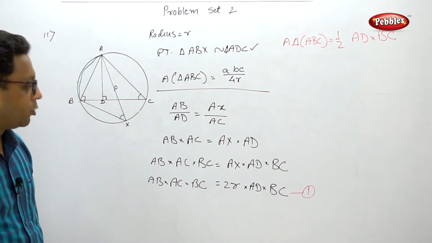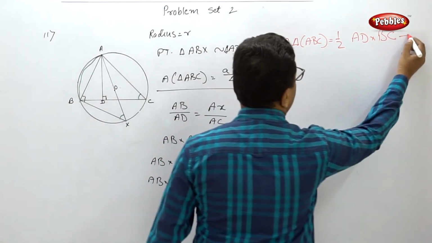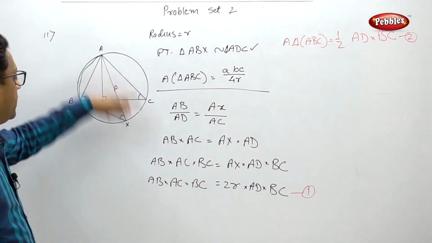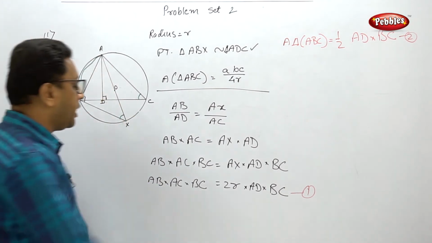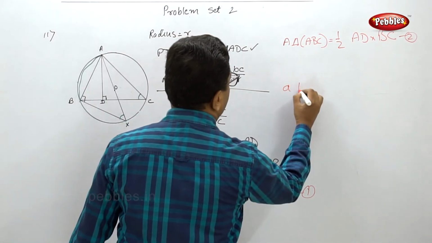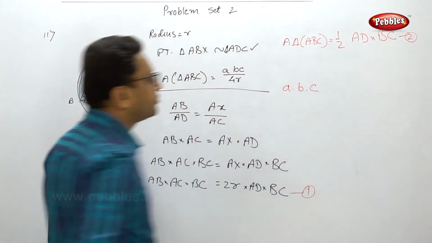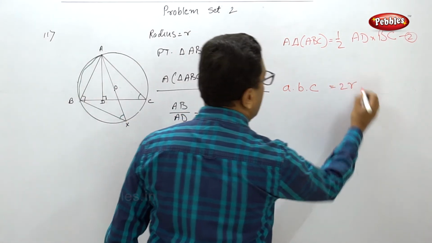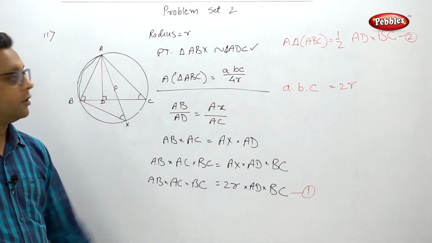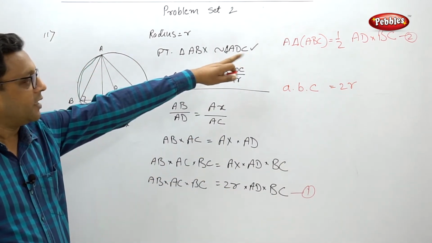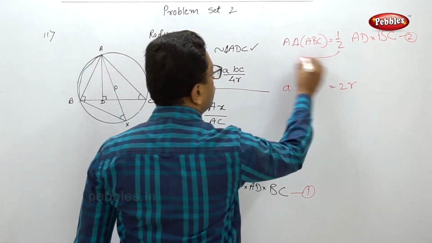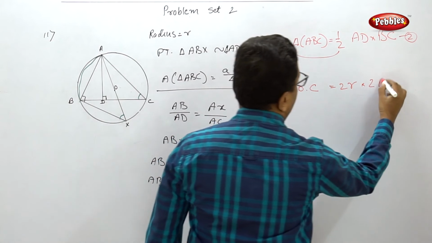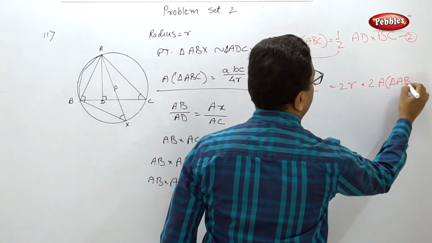It is 1/2 AD into BC. Now we have got two equations. This is the first equation, this is the second equation. Here you can see AB, AC and BC. This is nothing but small a, b into c. So a into b into c is equal to 2R into AD into BC. But for AD into BC we have twice the area of ABC. So into twice the area of triangle ABC.